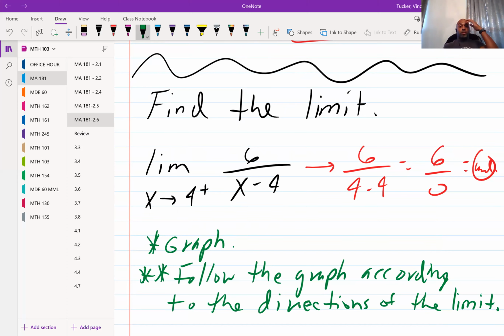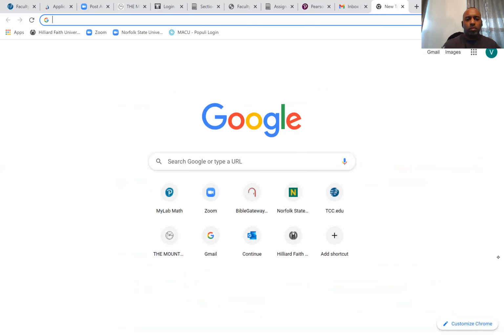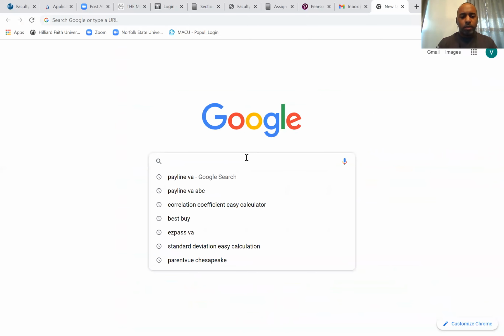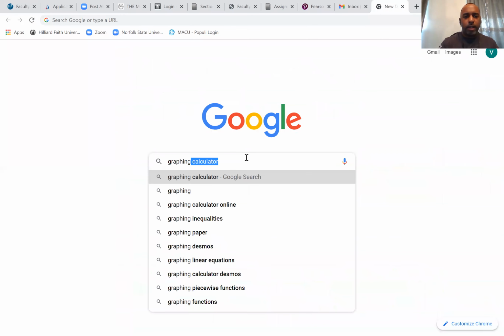So you should graph it and then follow the graph according to the direction of the limit. So we have 6 over x minus 4. What I would do is just go to a graphing calculator if I didn't have one on me.